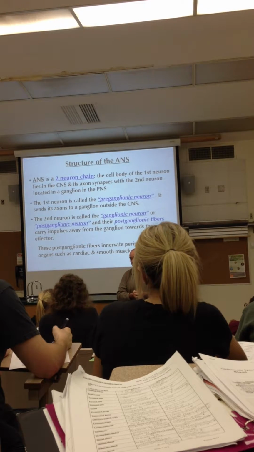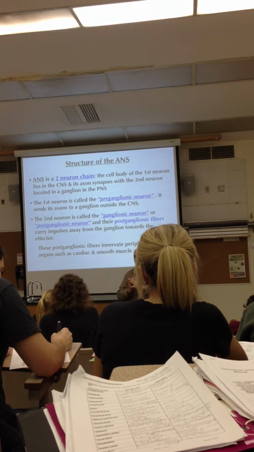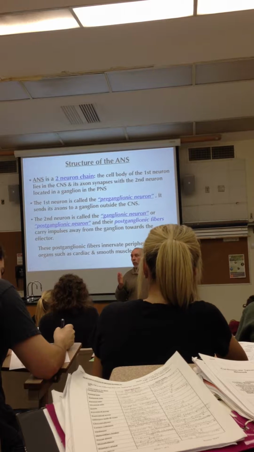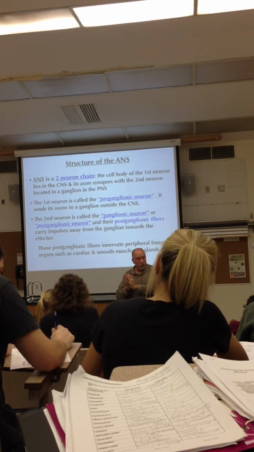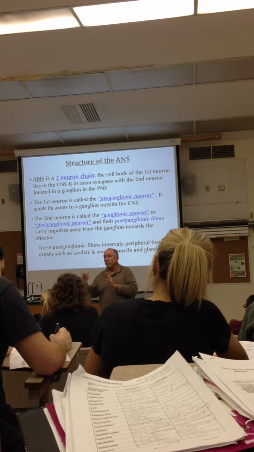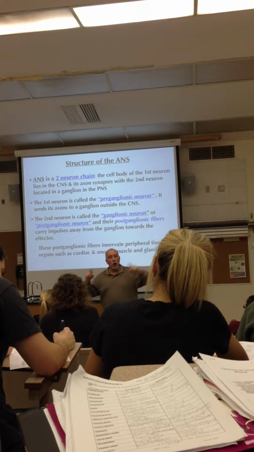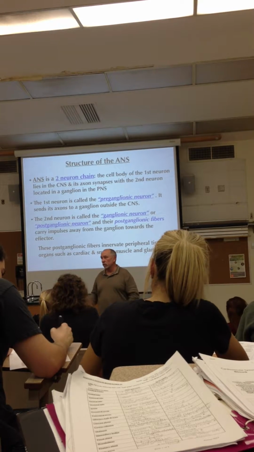Ganglion, right? So they're going to synapse in a ganglion. And so you have the first nerve coming out to the ganglion. We call that the preganglionic neuron. And the second one now going to the effector would be what? Postganglionic neuron. Two neurons.